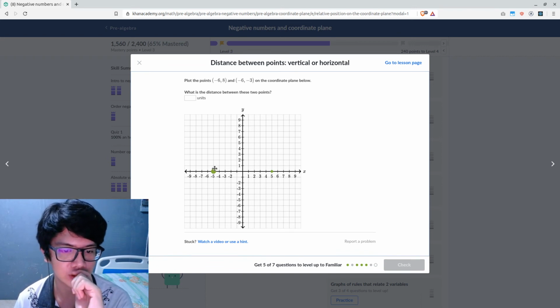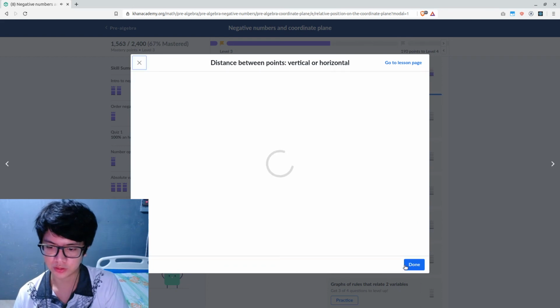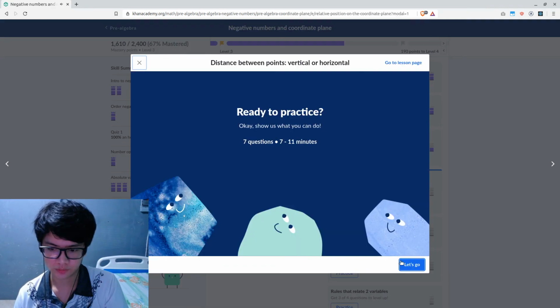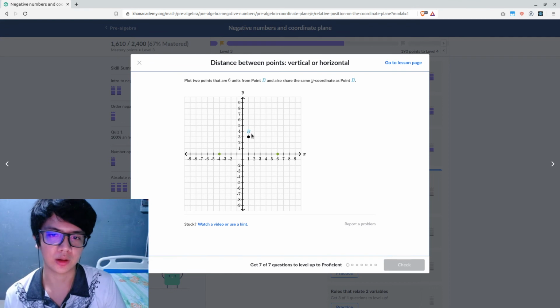Plot the points -6, +8. -6, -3. Okay, let's go. That's going to be hard. Plot 2 points that are 6 units from point B and also share the same y coordinate.